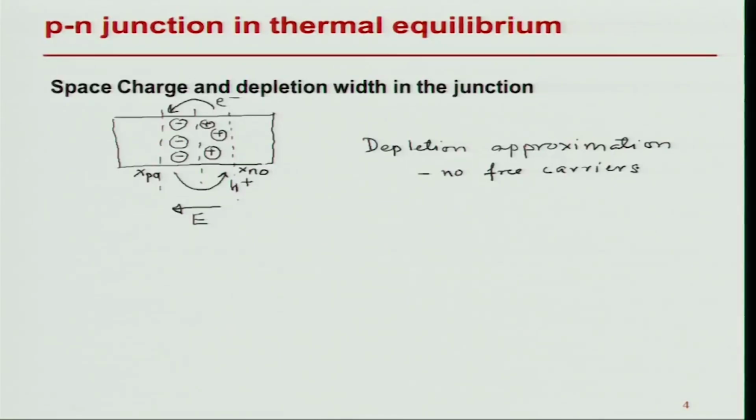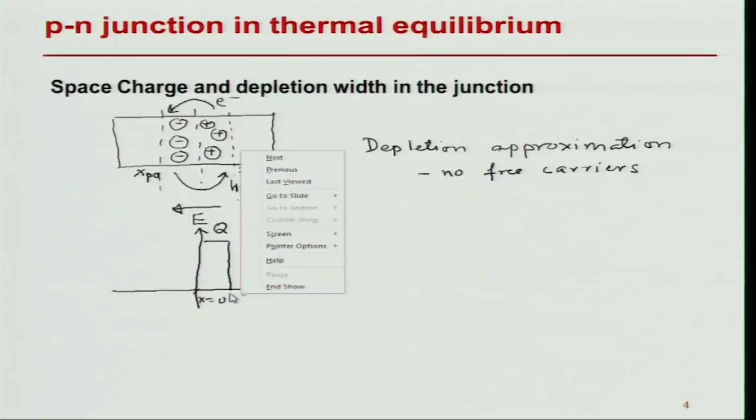If that is the case, then if I want to look at the space charge in this region, I can simply plot charge on this axis. Since it was uniformly doped, I have all dopants.